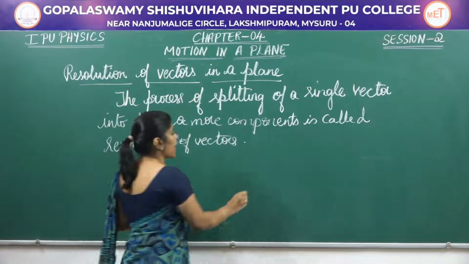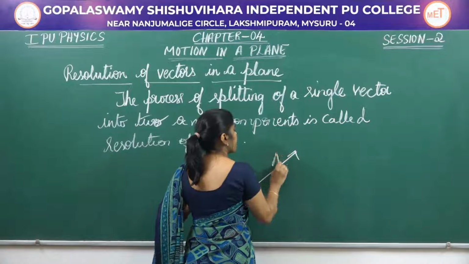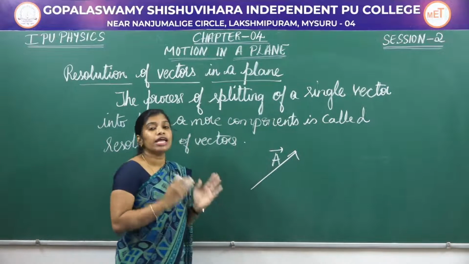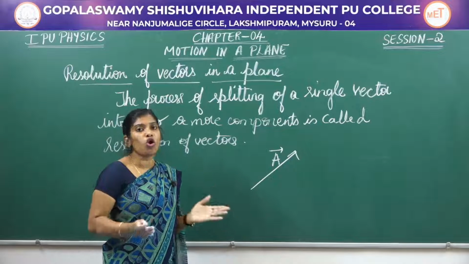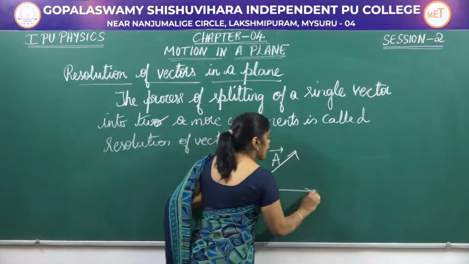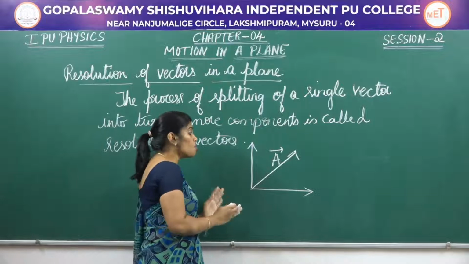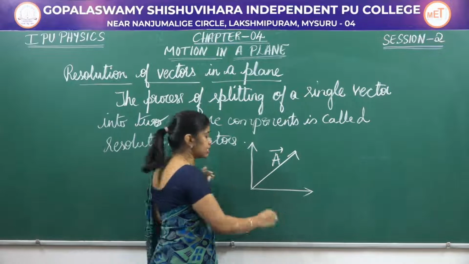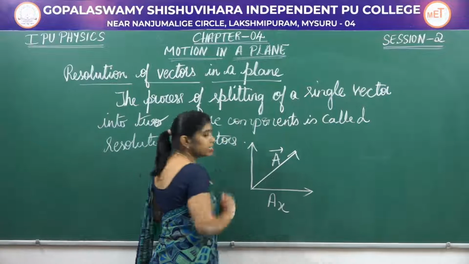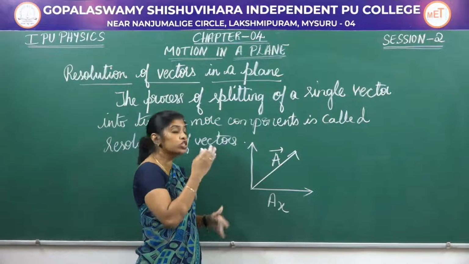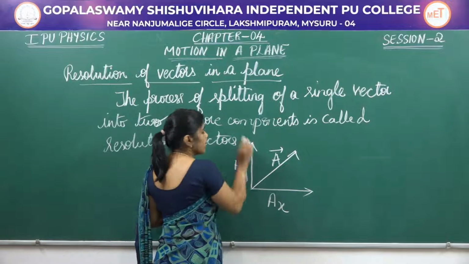Now if I have a vector A, then this vector can be split into two components, one along the x-axis, another along the y-axis. The component along the x-axis will be named Ax, and the component along the y-axis is named Ay.